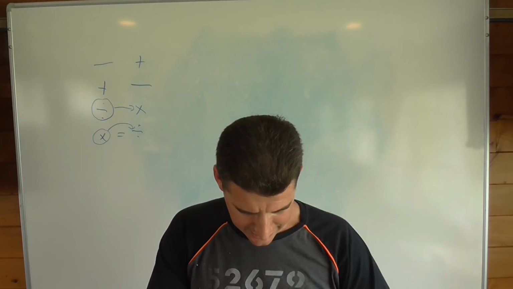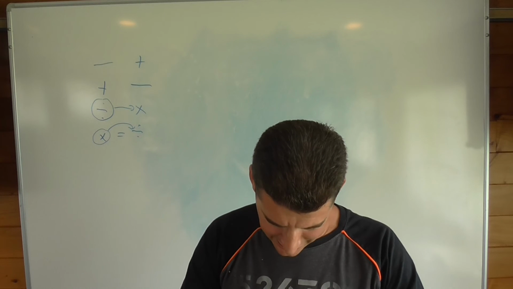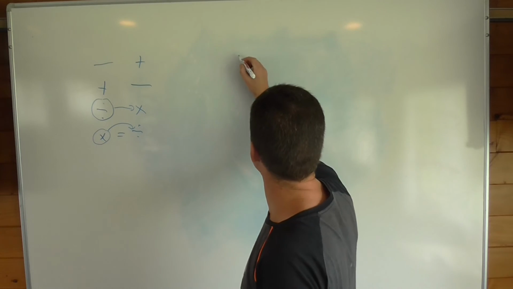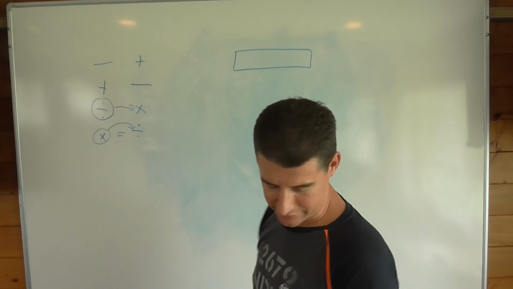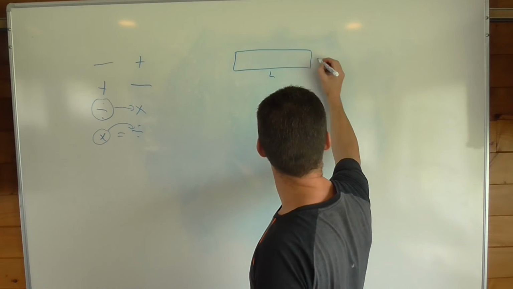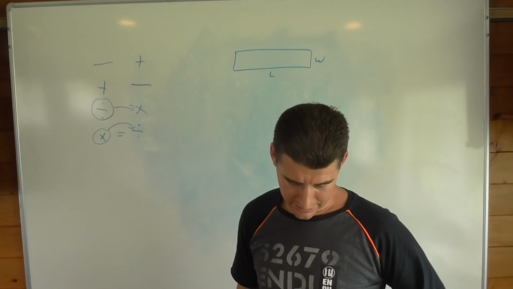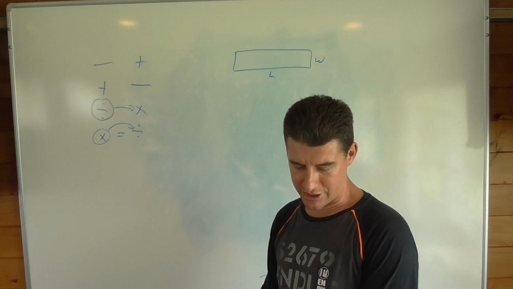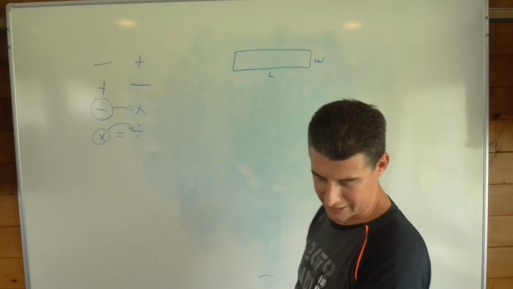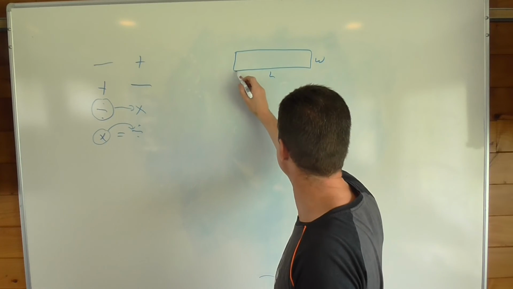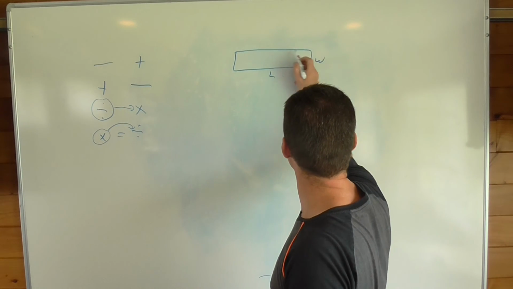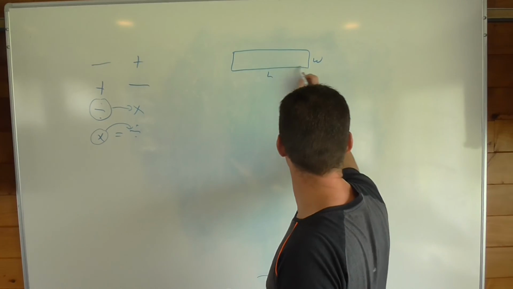Okay, so let's see. The following diagram represents a rectangle. So let's draw a beautiful rectangle. It's not that beautiful. So that consists of length and width. So if they ask you to calculate the perimeter, now remember the perimeter is not the area.